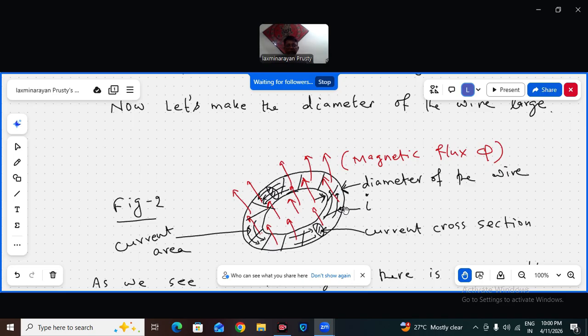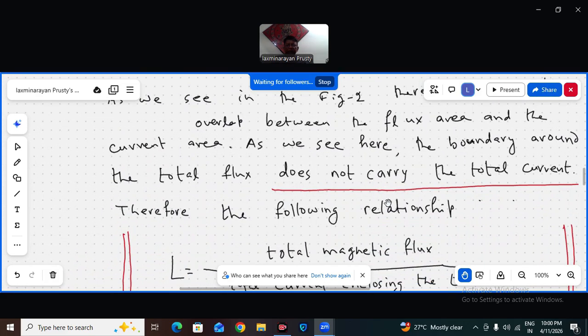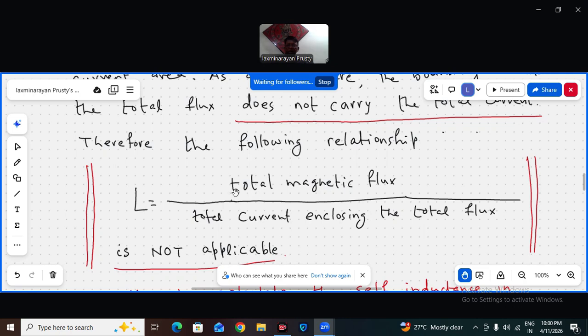So which current is overlapping the total flux, or the total current is overlapping which flux? They are two different things. So it is very difficult to apply. In this case it is impossible to apply total magnetic flux divided by total current enclosing the total flux.